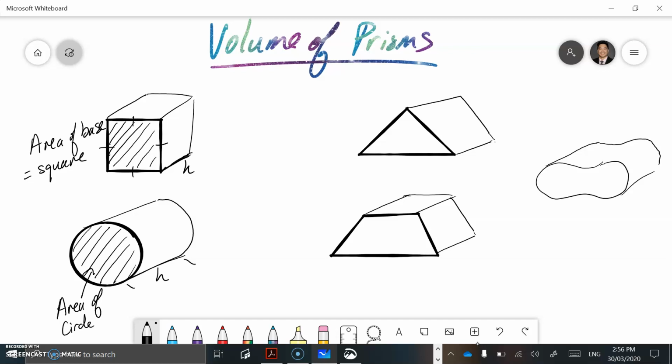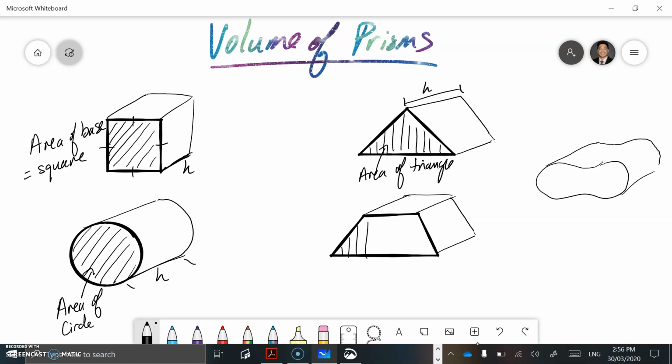And you're going to have the area of a triangle, and you're going to multiply it by the height, or how far that shape goes.